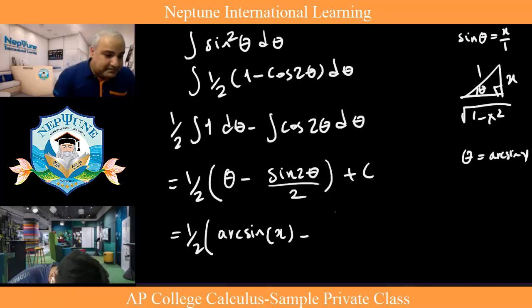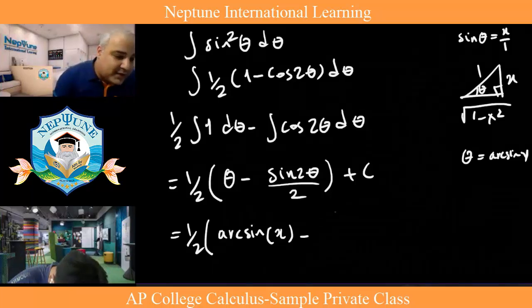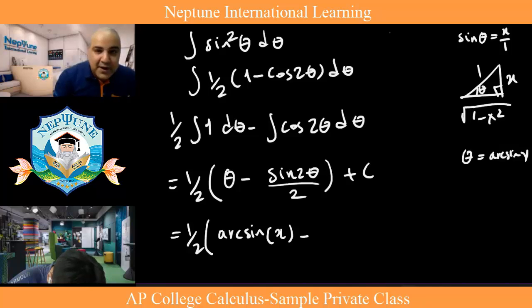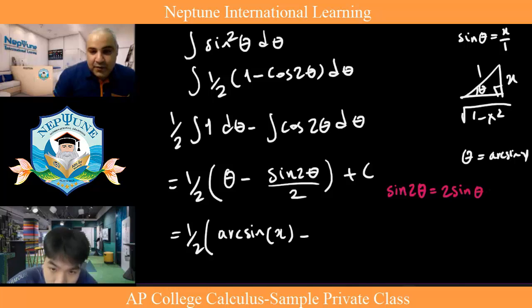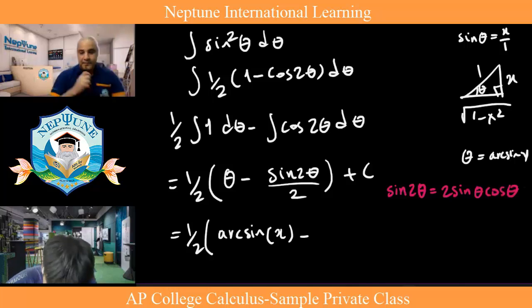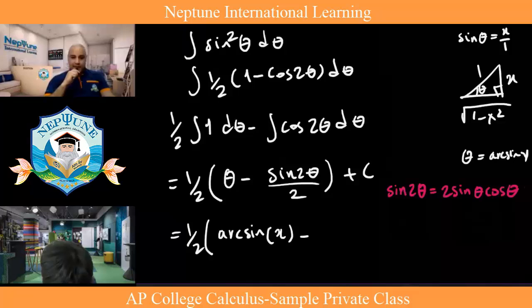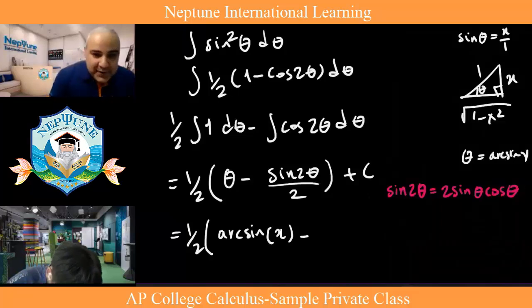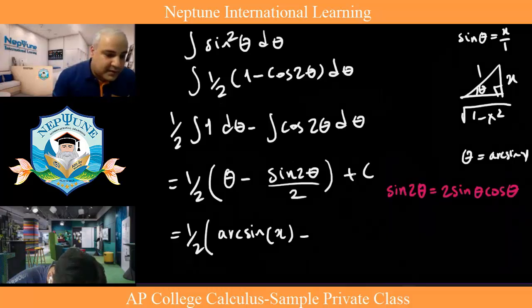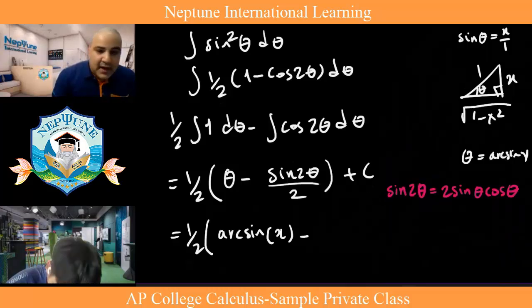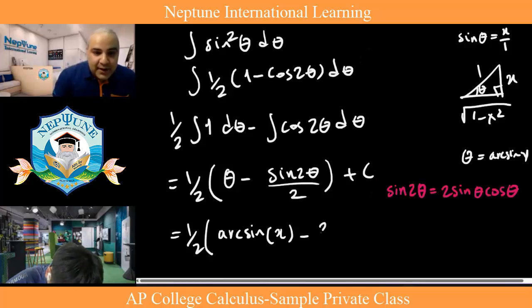Now sine 2 theta. Again, we don't know sine 2 theta. You need to remember another property, called the double angle. Sine 2 theta equals 2 sine theta cosine theta. So now I'm going to do this one. 2 sine theta, and sine theta is x, we already know. So it becomes 2x.